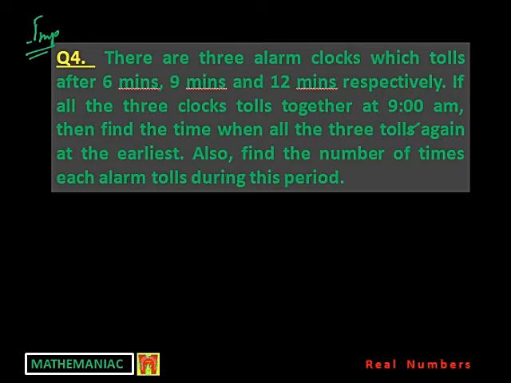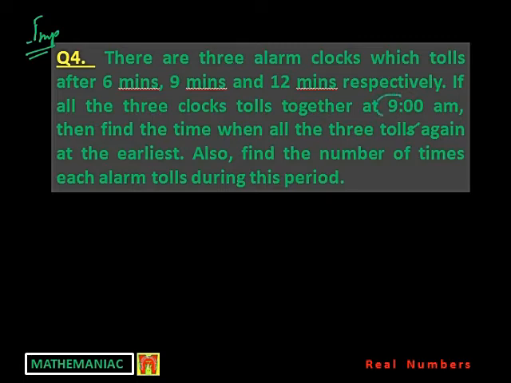So it is given that the first, second, and third clocks are ringing after every 6, 9, and 12 minutes. That means at 9 the first clock starts ringing, then at 9:06, then at 9:12, at 9:18, like this. Then the second one will be 9:09, then 9:18. The third one will be after 12 minutes, it is 9:12, then 9:24, like this.